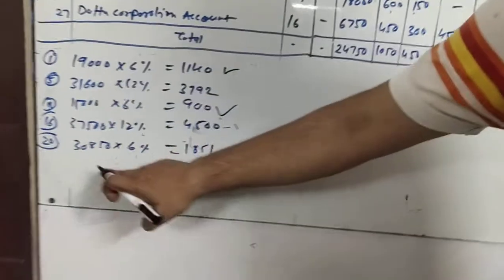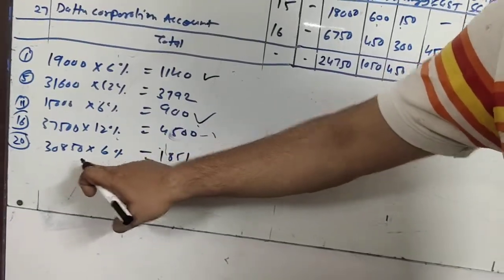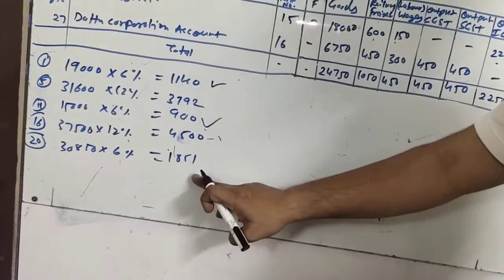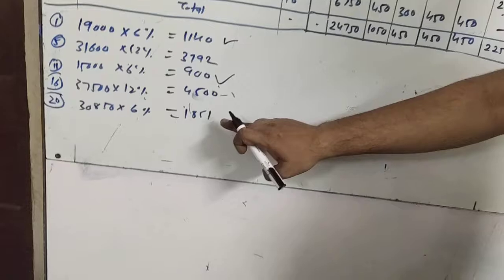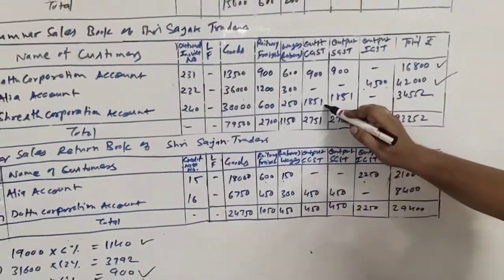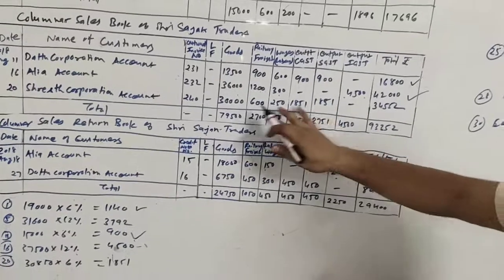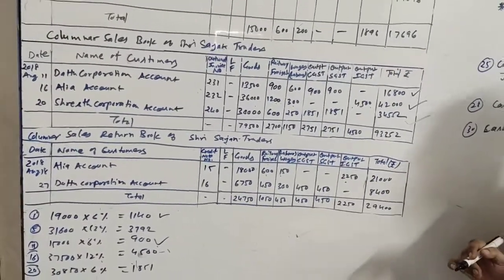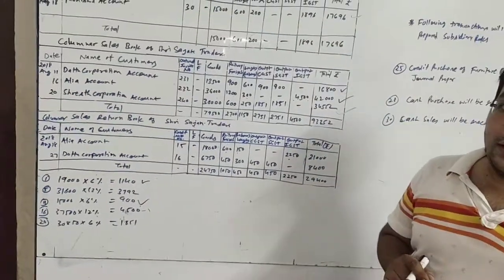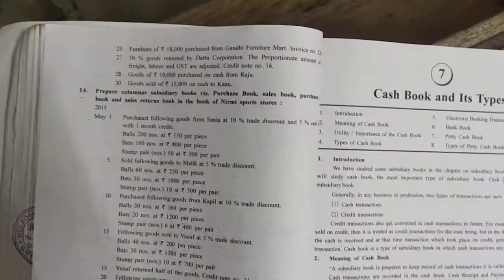So we will calculate here 30850, 6% of that comes to 1851, 1851. This will be the amount of CGST and SGST. So here it is 1851, 1851, and total of all 5 columns, 34552 will be there. Okay, let us see next transaction.